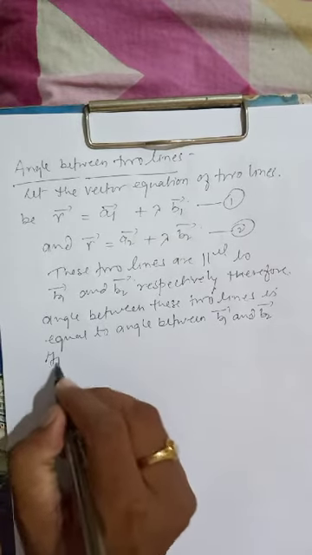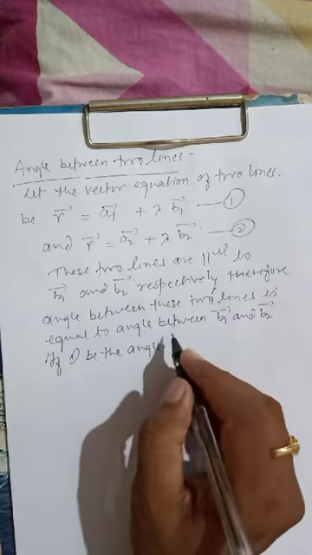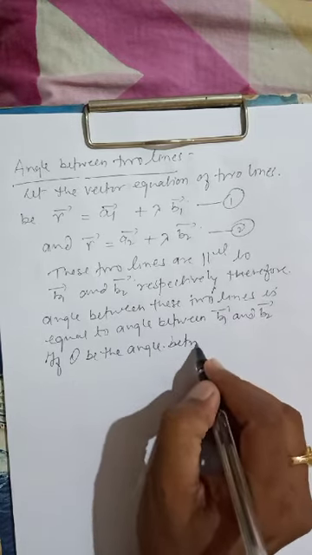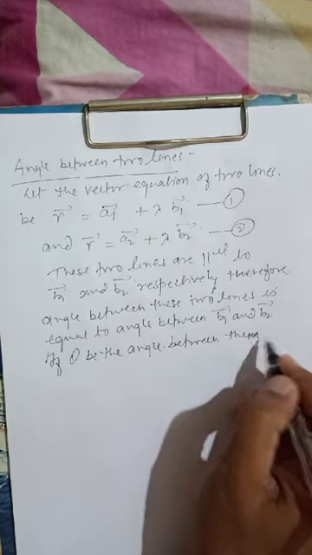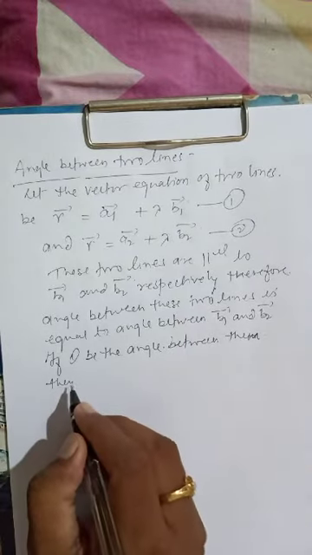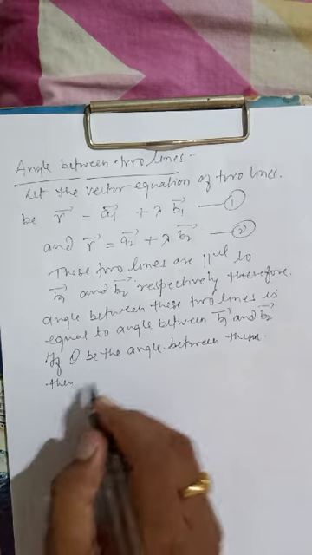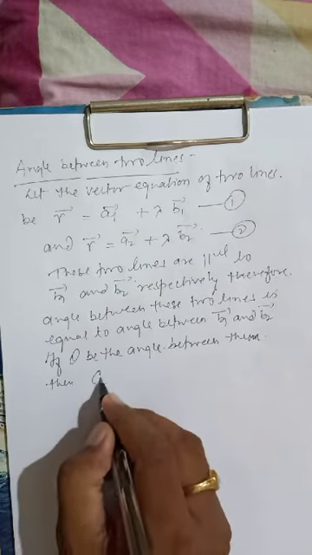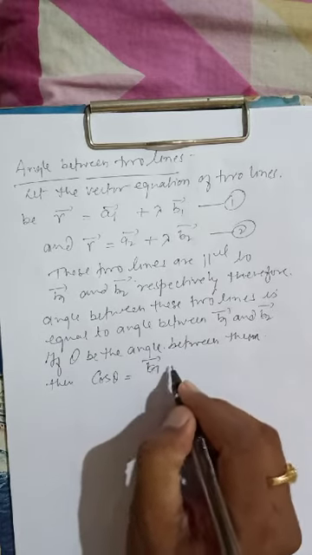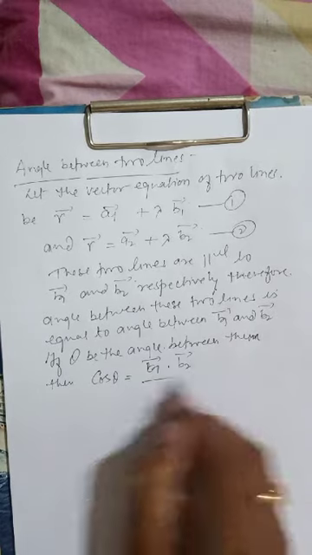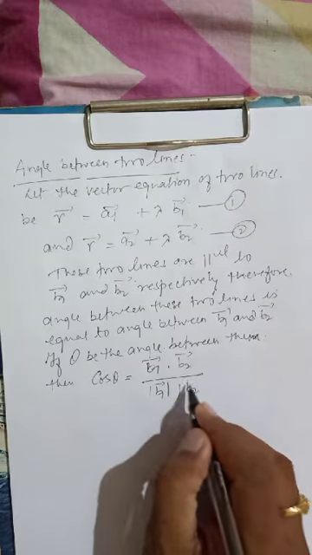If theta be the angle between them, then in vector, all of you know the angle between two vectors is defined by cos theta, which is equal to b1 vector dot b2 vector upon modulus of b1 vector into modulus of b2 vector.